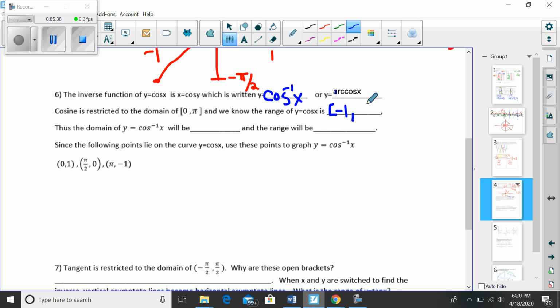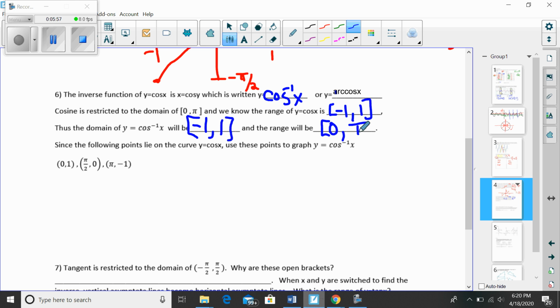Okay, we have a different domain restriction though. This time we restrict from 0 to pi. So our domain will be -1 to 1. And the range will be 0 to pi.